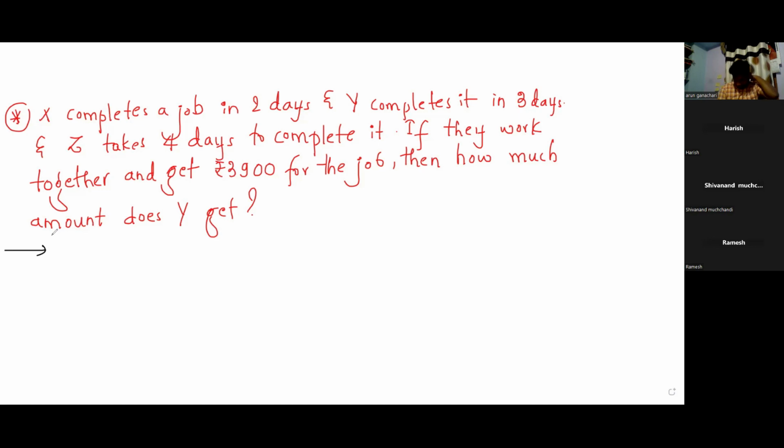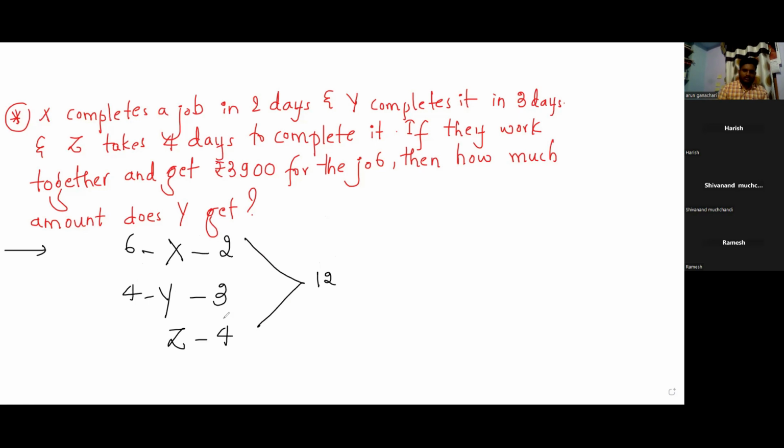Getting the answer? X is taking 2 days, Y is taking 3 days, Z is taking 4 days. What is the LCM of 2, 3, 4? LCM is 12. 12 by 2 is 6, 12 by 3 is 4, 12 by 4 is 3.